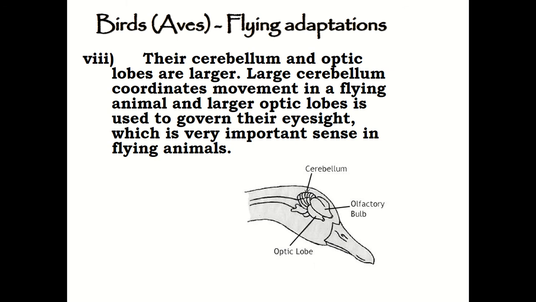And also the cerebellum and optic lobes are large. The large cerebellum is very important for movement. It will coordinate the movement in flying animals.